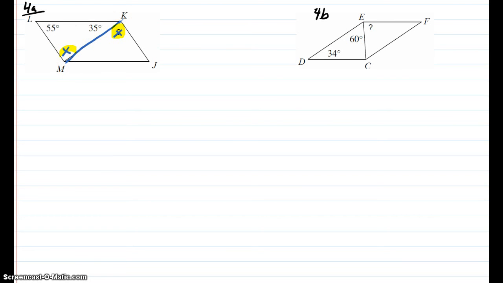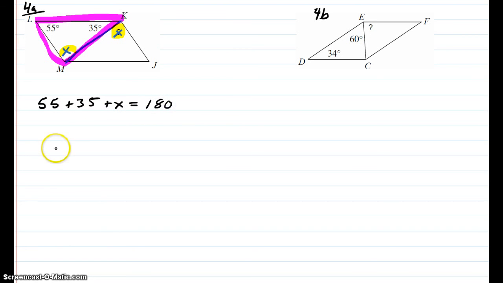And the reason I want to put that X there is because now you'll notice that I have these three angles and they make a triangle. And one of the things that we know about a triangle is if you add up the three angles, they always equal 180.